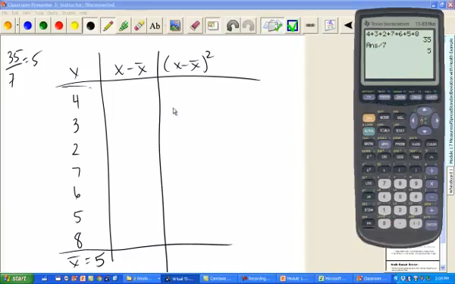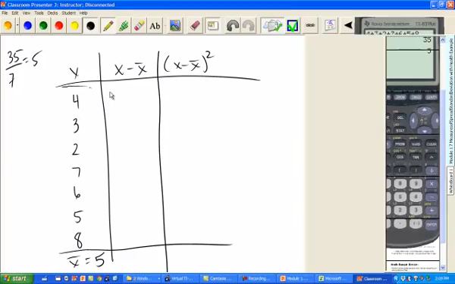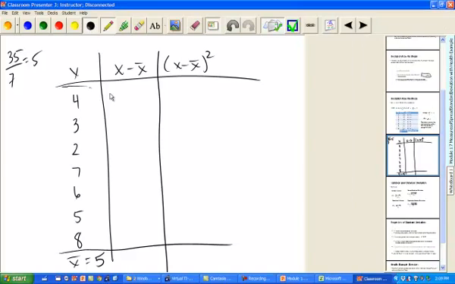All right. So then what we're going to do next is subtract the mean from each of those values. And what this tells us is how far away each value is from the mean. These are called the deviations. Some of these deviations are going to be negative, like this one.